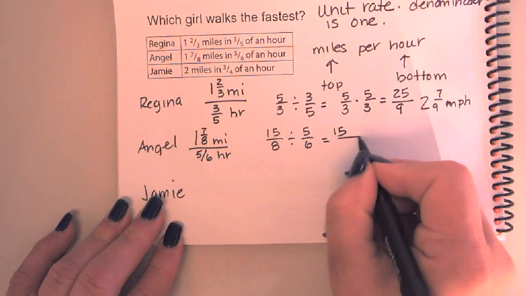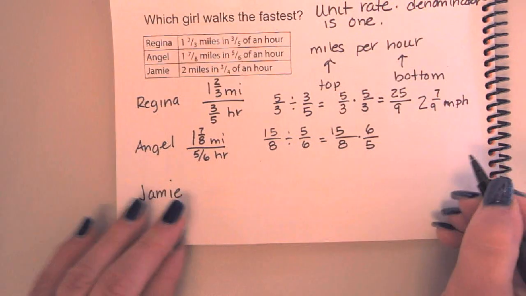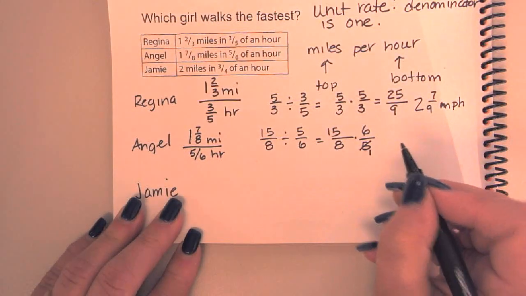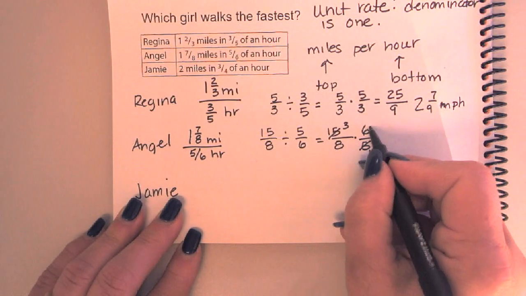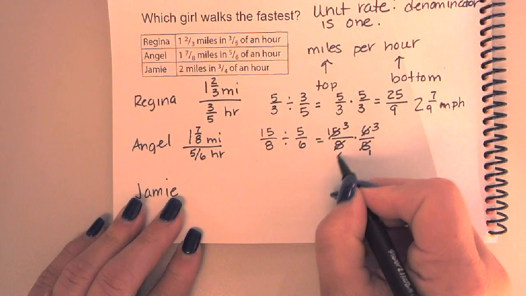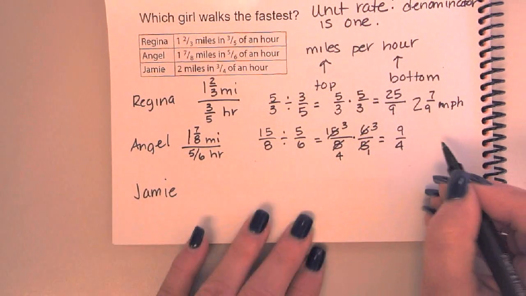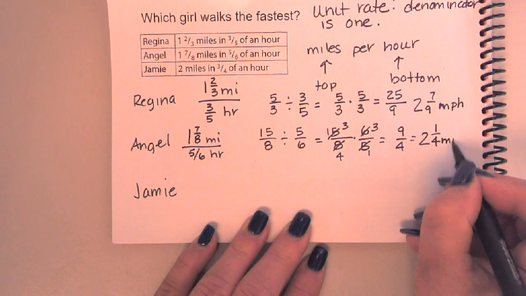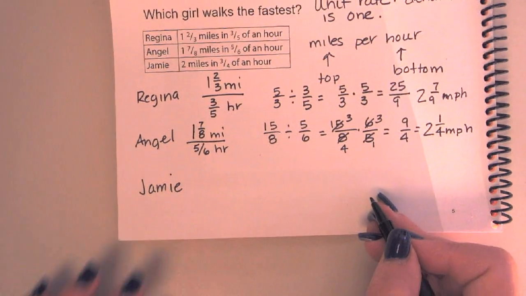I'm then going to multiply by its reciprocal. Don't forget to do that part. To avoid having big numbers, I'm going to cross cancel. 5 goes into 5 once and 15 3 times. 2 goes into 6 3 times, and 2 goes into 8 4 times. I get a 9 on top, a 4 on the bottom. 4 goes in 2 times with 1/4 left over, and it's miles per hour. You can abbreviate or write it out.